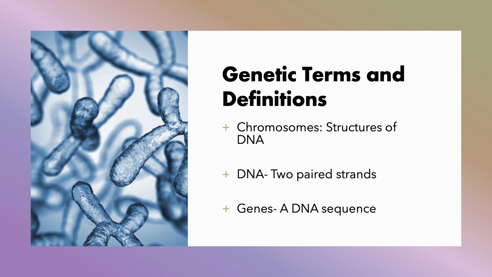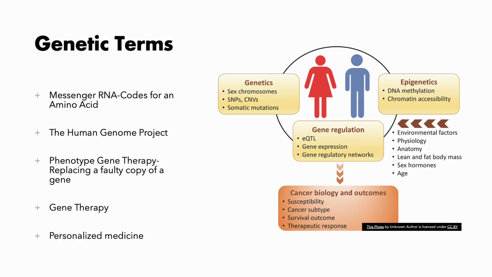Genes are a sequence of DNA that cause human characteristics to be passed to the next generation. Genes direct the production of proteins. Messenger RNA, mRNA are codes for an amino acid. The Human Genome Project mapped the entire nucleotide sequence of the human genome in 2003.